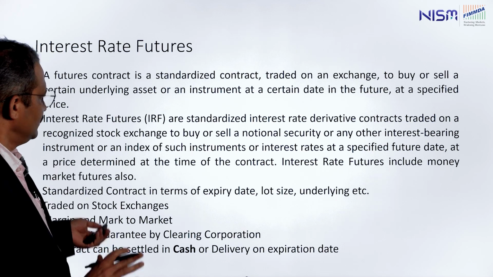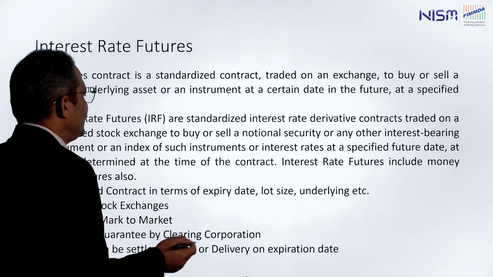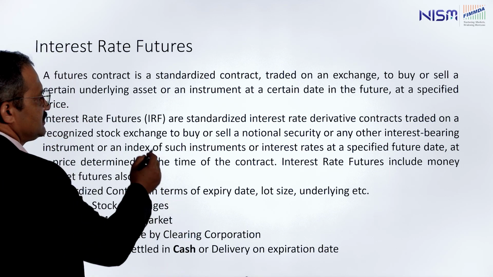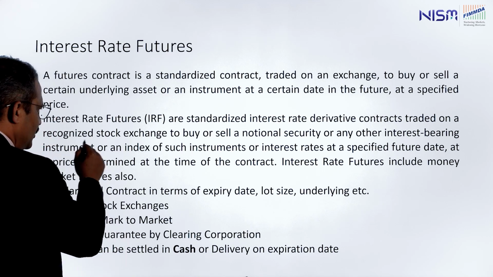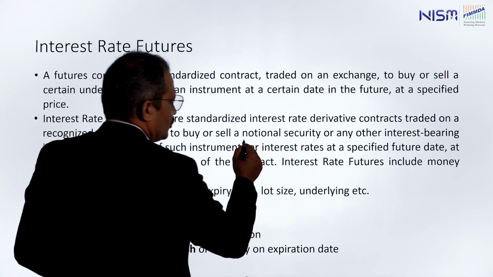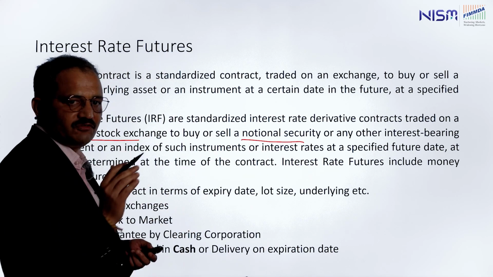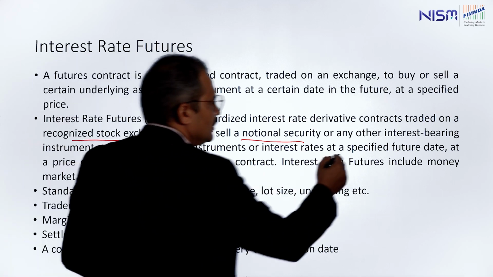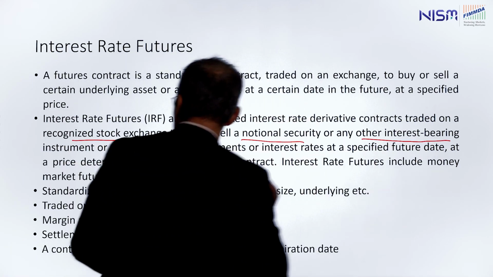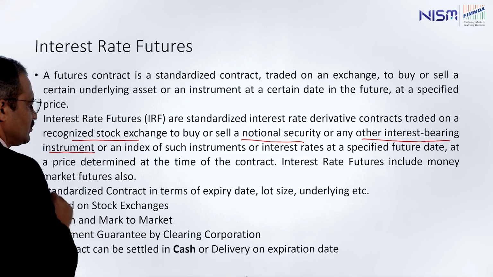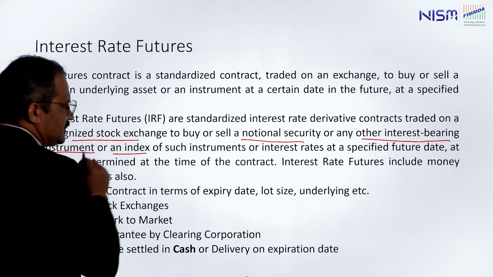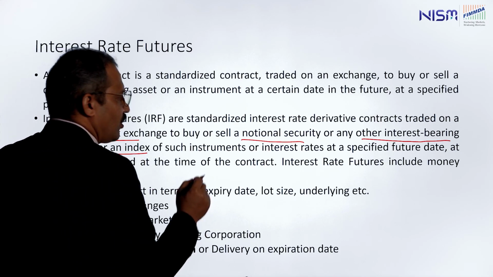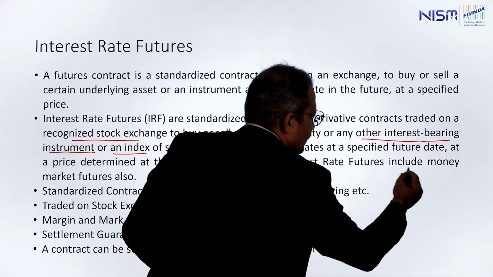So basically, the Reserve Bank of India guideline says that any standardized instrument traded on a recognized stock exchange for a notional security is allowed, meaning futures on notional securities, interest bearing instruments like government securities, government securities indices, and also money market futures.